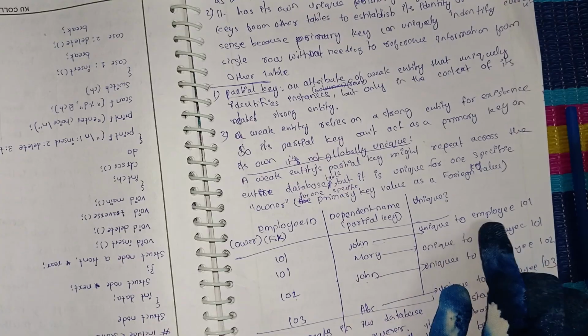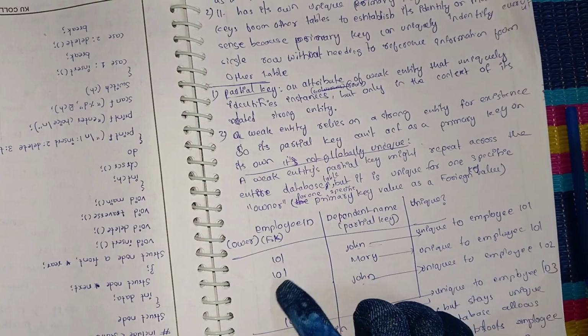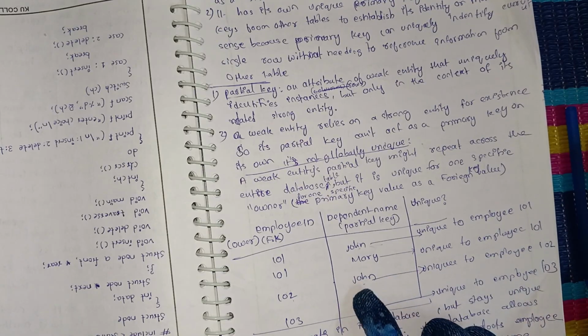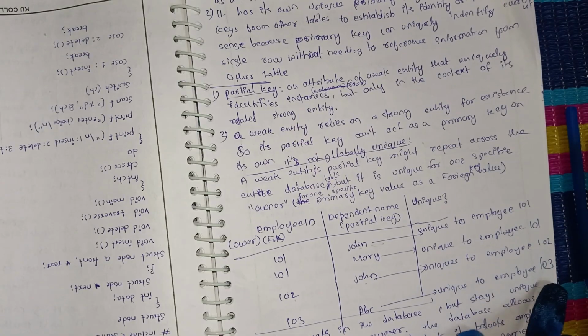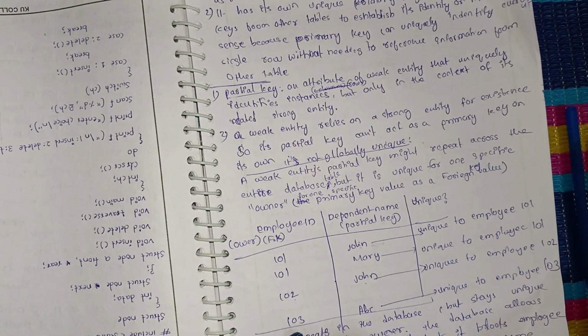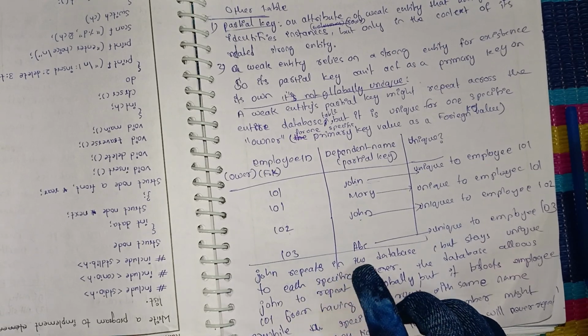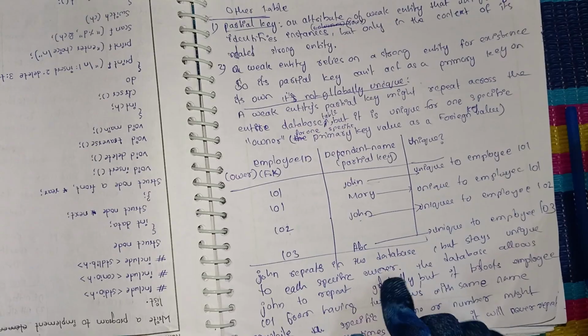And here, Mary is unique to employee 101, John is unique to employee 102, and ABC is unique to employee 103. And then John repeats in the database but stays unique to each specific owner.